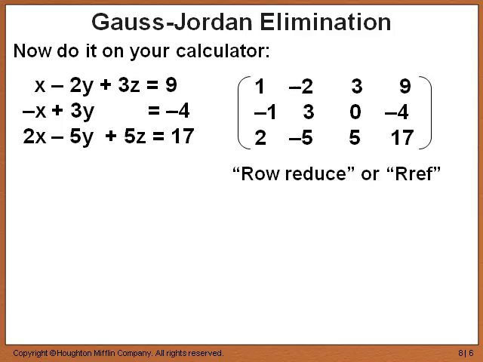So what you want to do now is pause the video, figure out how to do this on your calculator, to create the matrix, and then to row reduce or RREF on your calculator in order to produce the reduced row echelon form. Resume the video when you have that done.